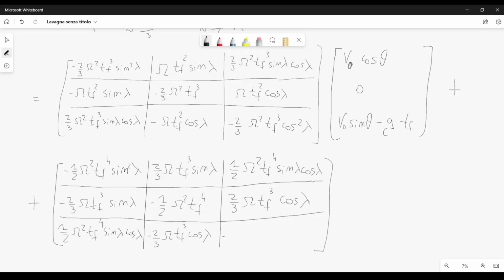And here you have minus 1/2 omega squared TF to the fourth cosine squared lambda, multiplied by 0, 0, minus G.